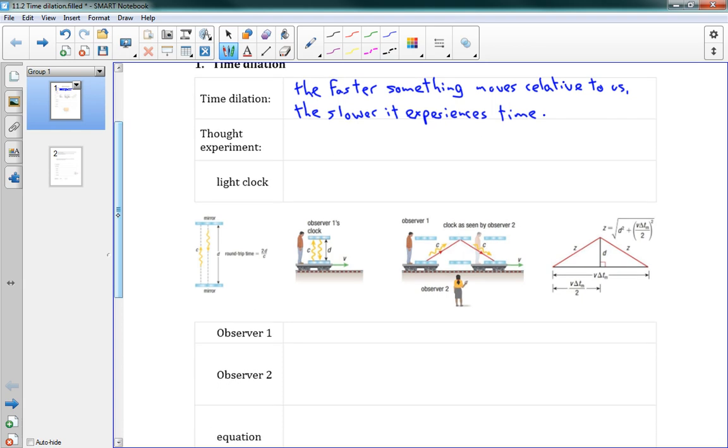So, this thought experiment, we're going to say, imagine someone moving horizontally with speed v.